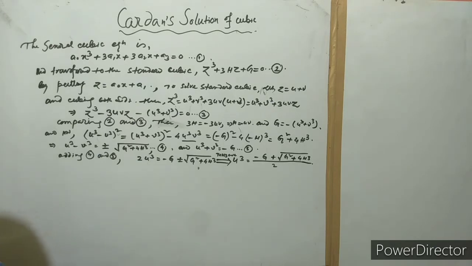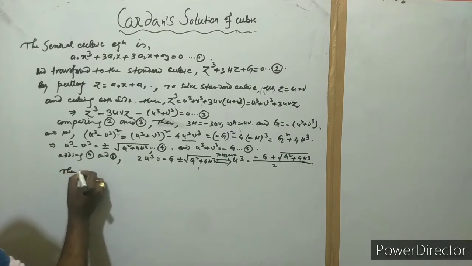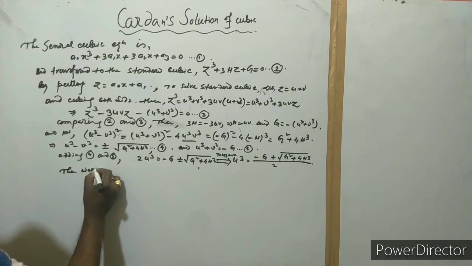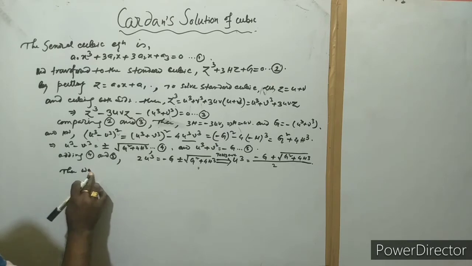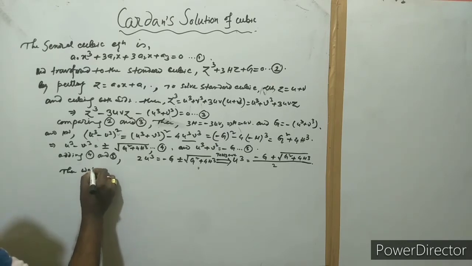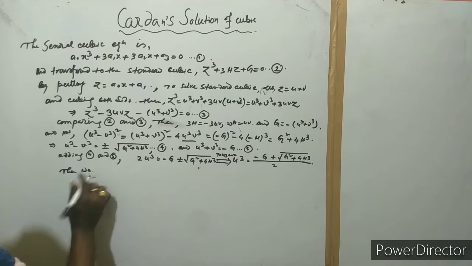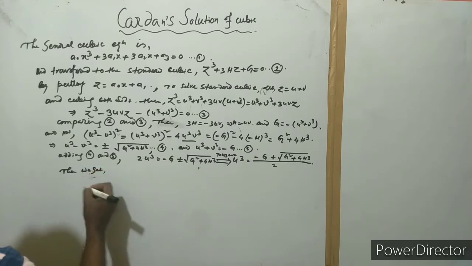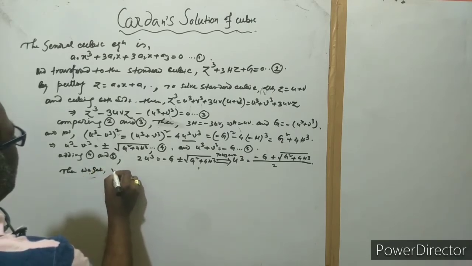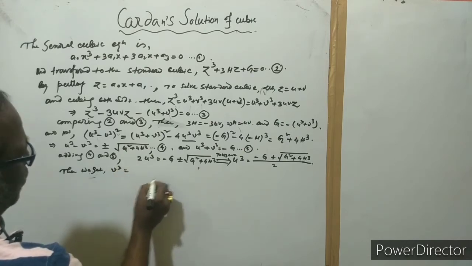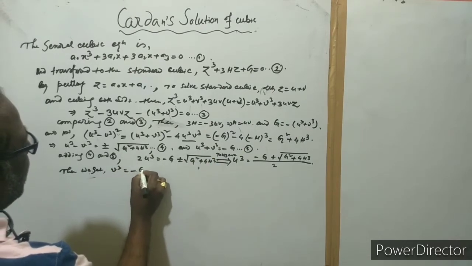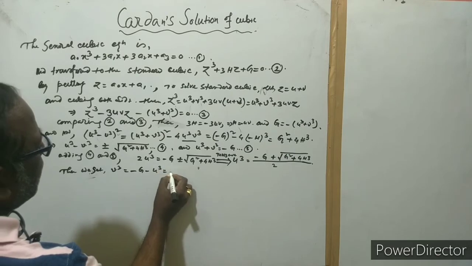Equally, then we get v cube equal to minus g minus u cube.